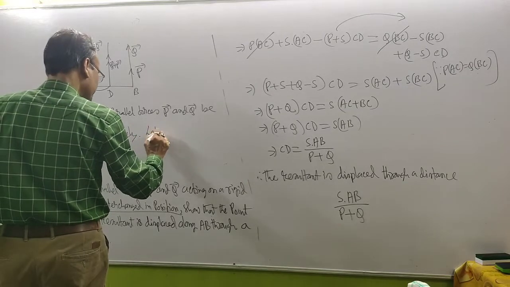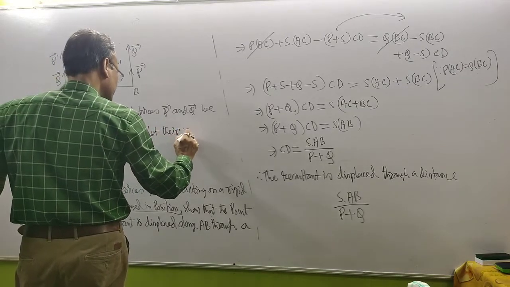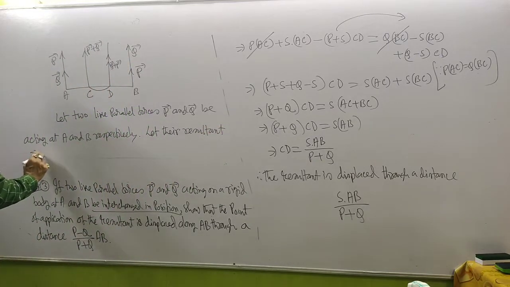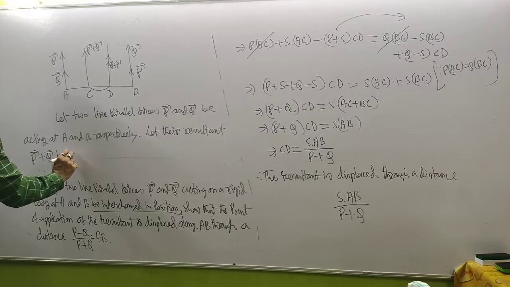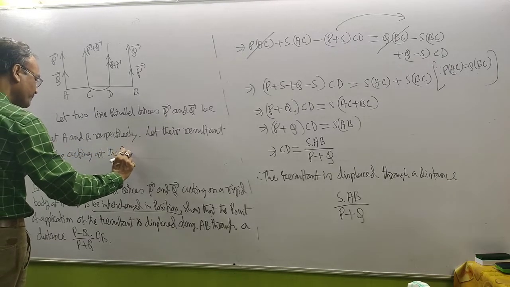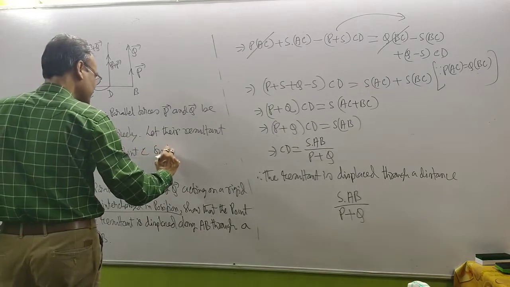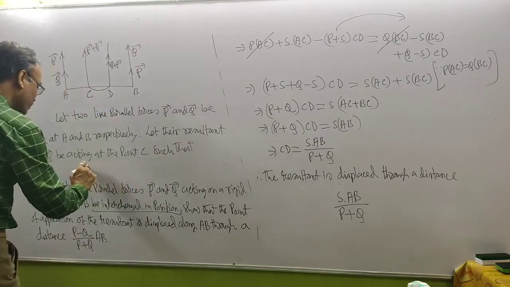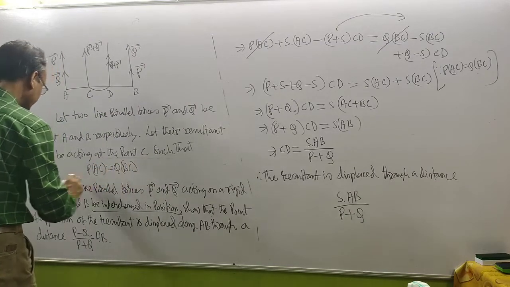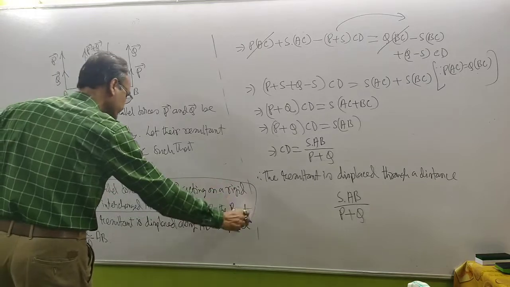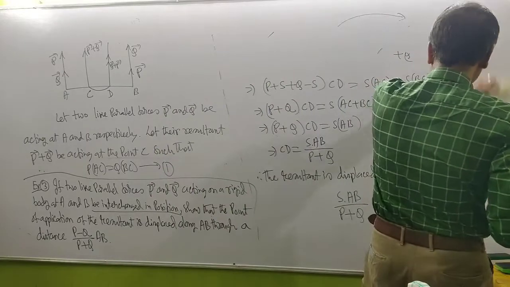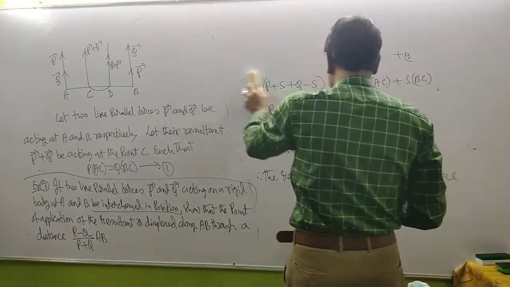Let the resultant P plus Q be acting at the point C such that, it is very important, P into AC equal to Q into BC. Suppose this is number 1: P into AC equal to Q into BC.